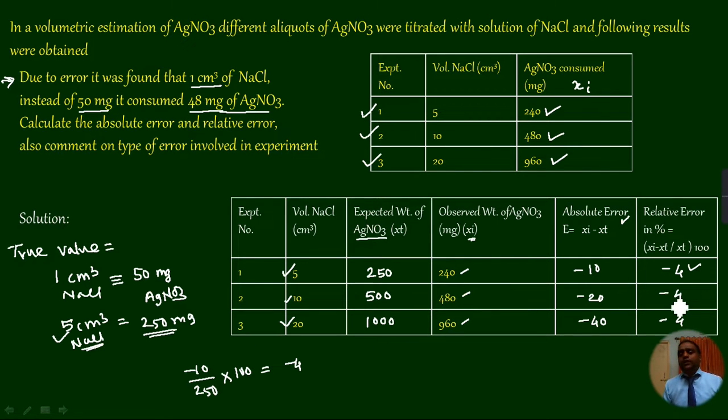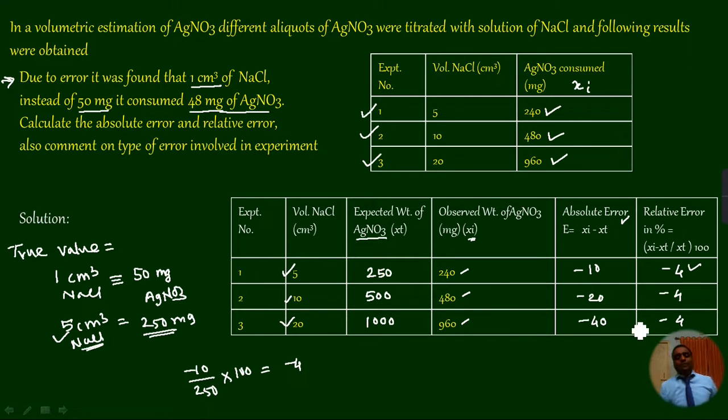In this way, if you see, as the sample size is increasing, the absolute error is also increasing. The absolute error is increasing in the same proportion as the sample size, whereas the relative error is a constant: -4, -4, -4.